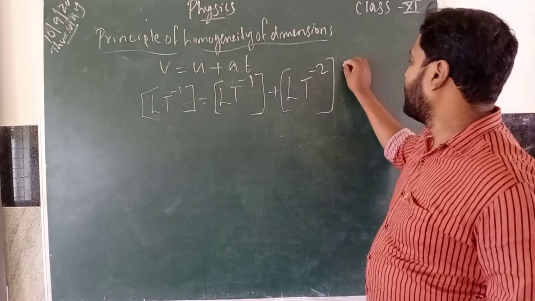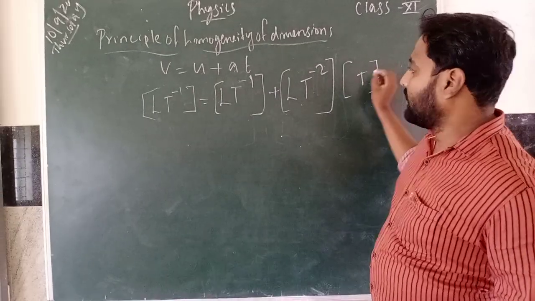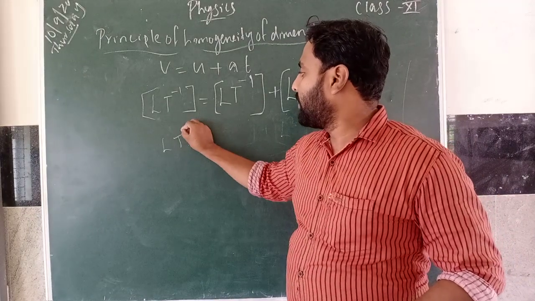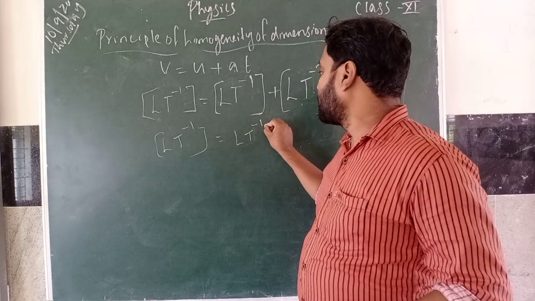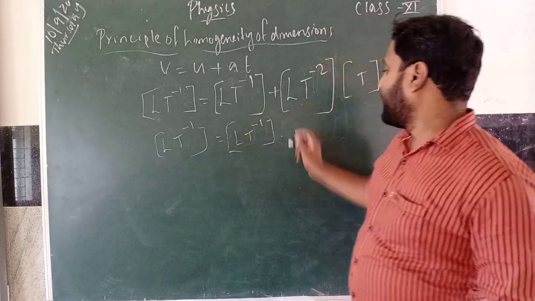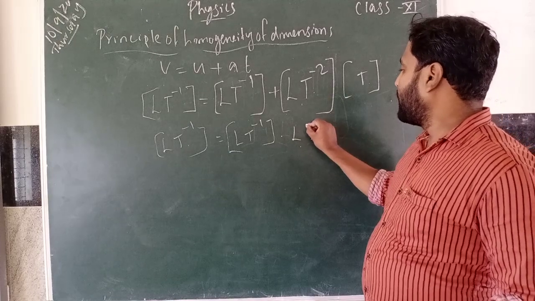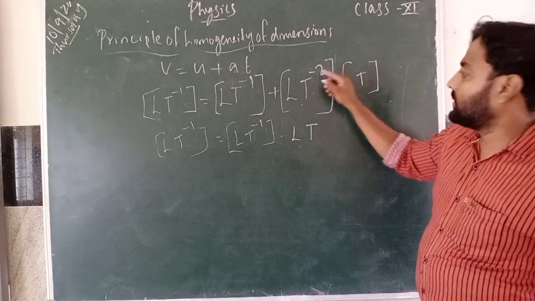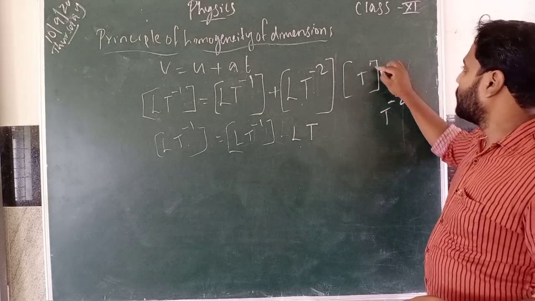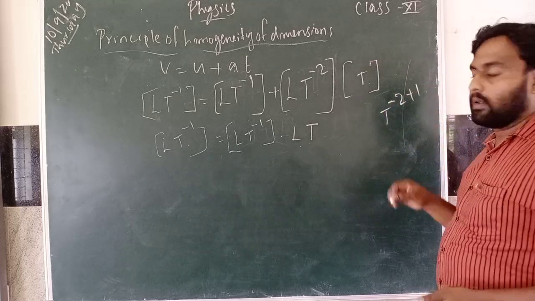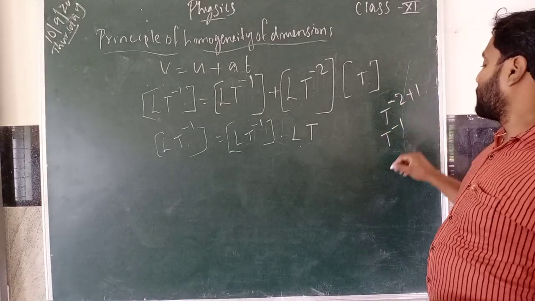Then t. t means time, T. So here now LT power minus 1, and here LT power minus 1. Only here we have to do multiplication: LT power minus 2 into T power 1, so T power minus 2 plus 1. Minus 2 plus 1, what will it become?